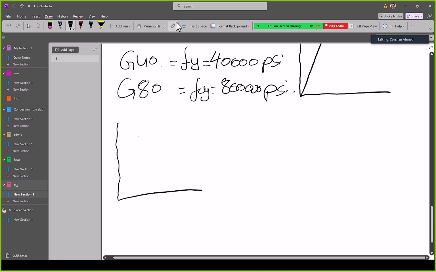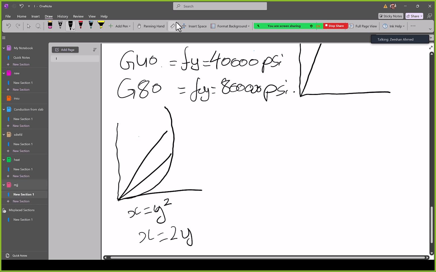If a function goes upward like this, this is linear. If x is equal to y square, is it linear? No, it's not. This curve is something like this. x equals 2y is linear.